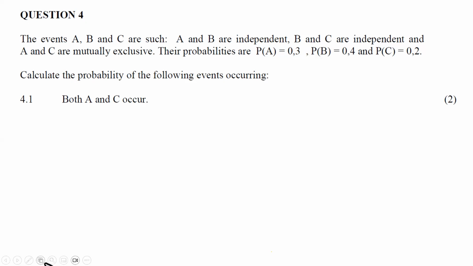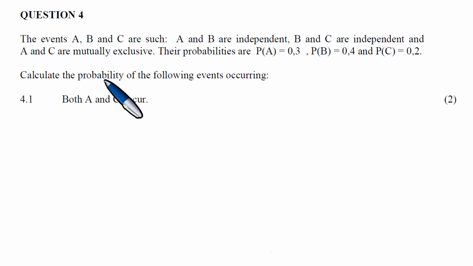Let's analyze these together. What is the probability that both A and B occur? Next, both A and C. Remember that A and B are independent, B and C are independent, and A and C are mutually exclusive.